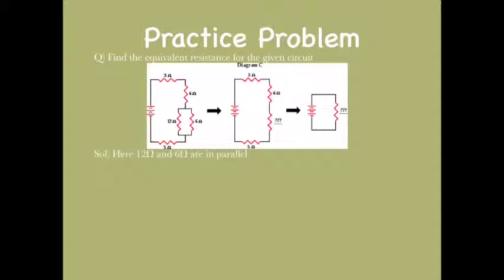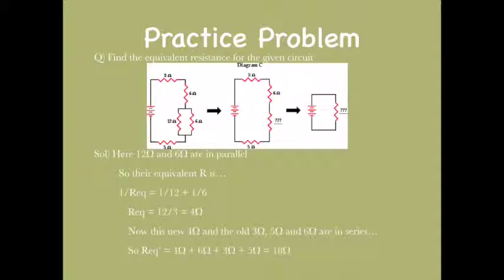So for the parallel part, which is 6 and 12, the equivalent resistance will be 3 ohms. Sorry, it will be 4 ohms. Now, this new 4 ohm and the old 3, 6 and 5 ohms are in series. So my overall resistance will be 18 ohms. Fine.